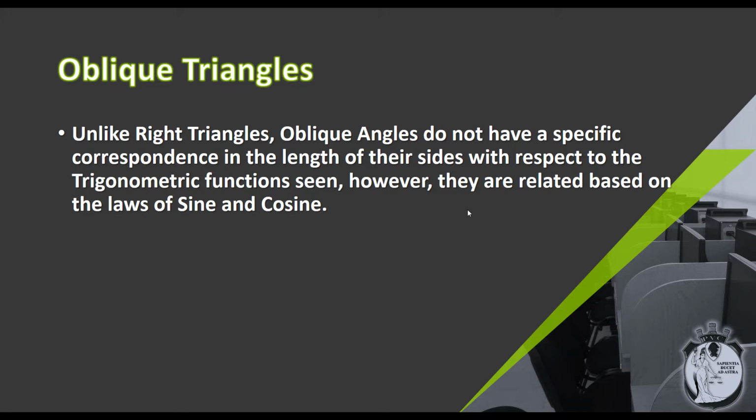But when you are working with triangles that don't have a right angle, which means they are oblique triangles, you shouldn't use Pythagoras theorem and the trigonometric functions. You need to use the laws of sine and cosine.